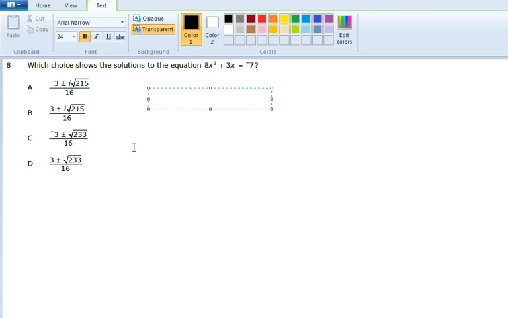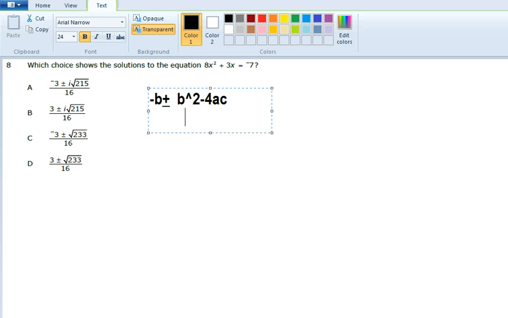For the quadratic formula, it's going to be negative b plus or minus the square root of b squared minus 4ac, all over 2a.